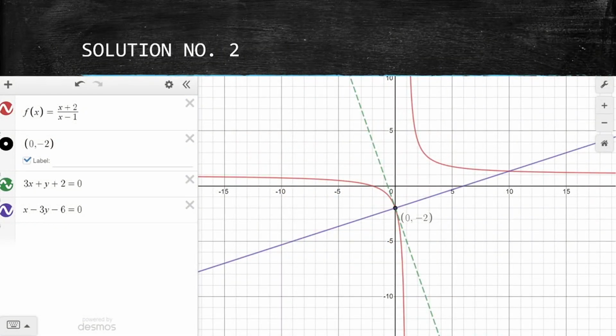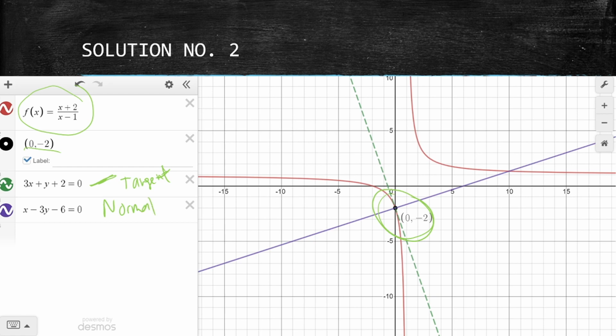Okay, so here is the graph of the function. As you can see, this is our function here, and our point is 0, -2, which is this part here. And we have our tangent line and normal line. The tangent line is the green one. This is the equation of the tangent line, and this is the equation of the normal line.